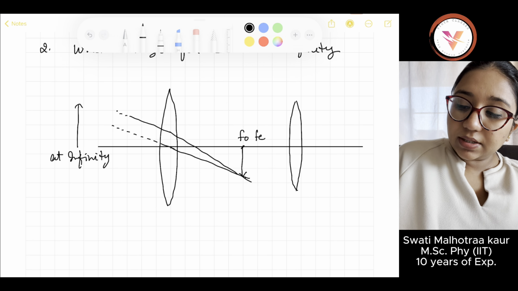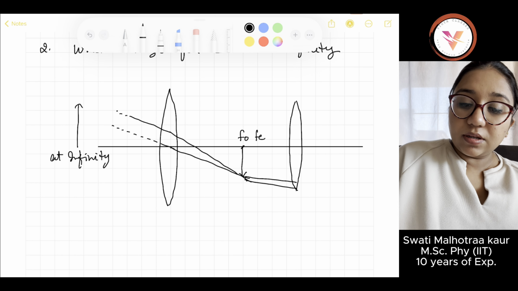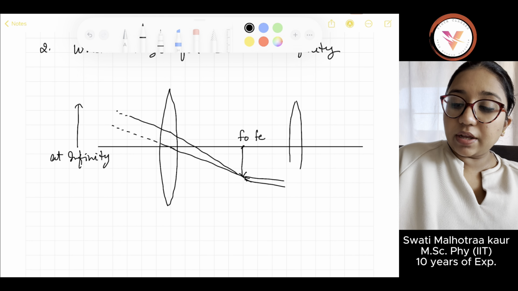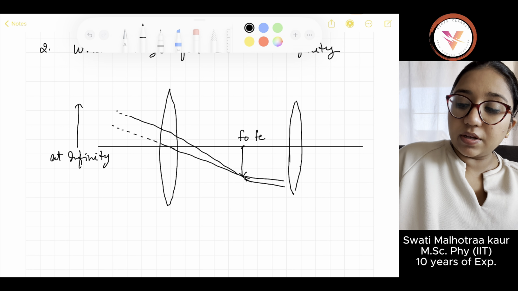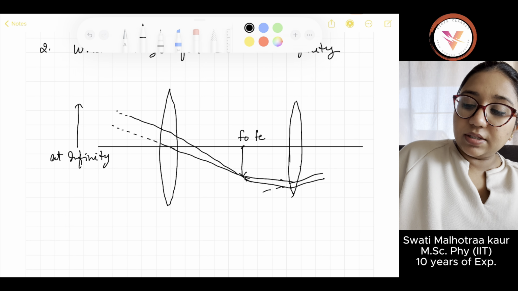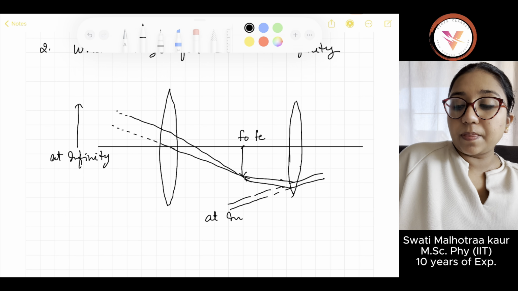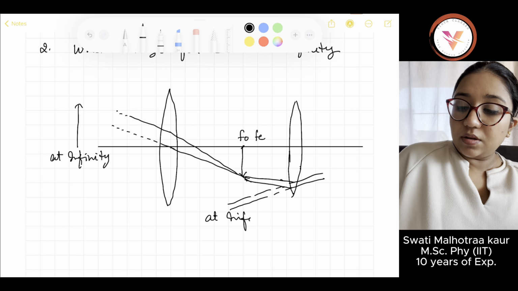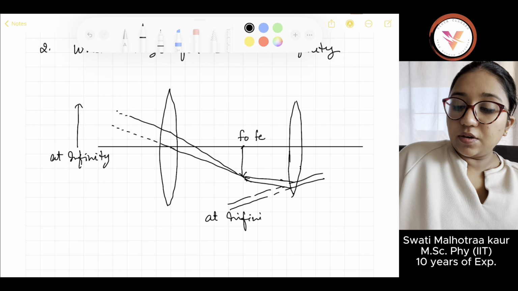In that case, your final image can be formed at infinity. So this somewhere goes to infinity. Fine.